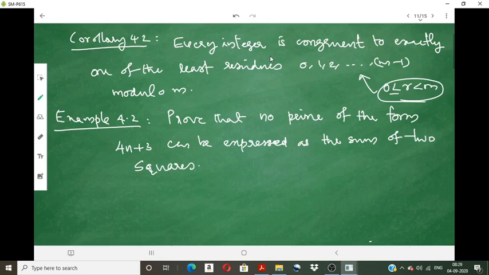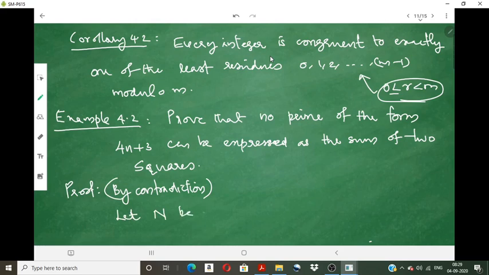The proof is by contradiction. Let n be a prime of the form 4n plus 3. We need to prove that n cannot be written as a sum of two squares, that is, a square plus b square.